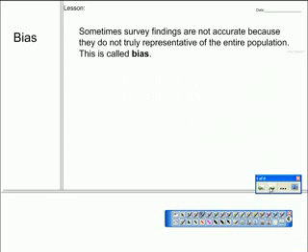Sometimes survey findings are not accurate because they are not truly representative of the entire population. This is called bias. Bias results are bad and yet are used all the time to try and sway your opinion.